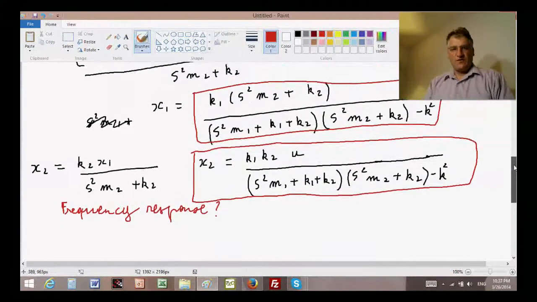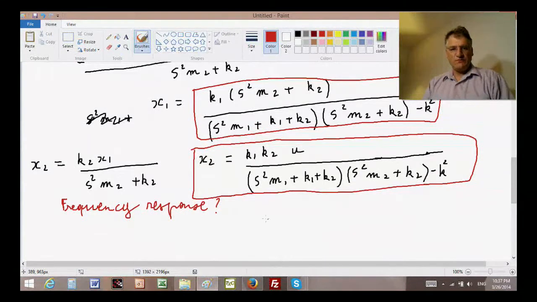So, what we are going to do is look at the denominator first. This is the most complex element. As a matter of fact, it is not that complex.